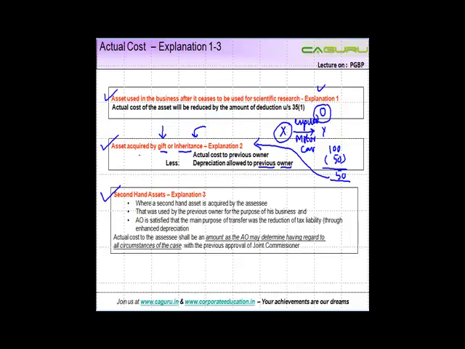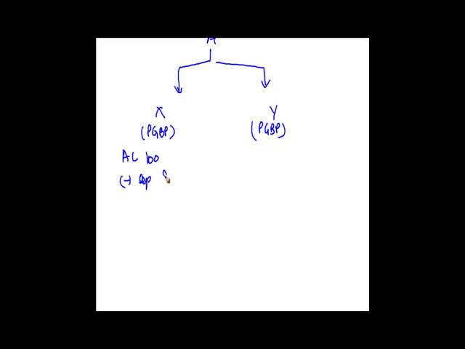Third, second-hand assets. Let me explain to you what this means and why this is important. Let's say we had X and Y. Both were engaged in carrying profits and gains of business and profession. And both these companies were owned by a person, let's say A. Now X got this asset, let's say for 100, actual cost less depreciation was, let's say, 80, and the written down value was 20.